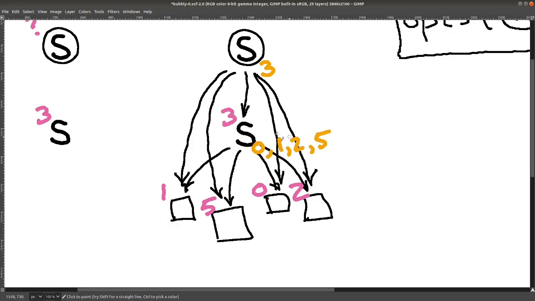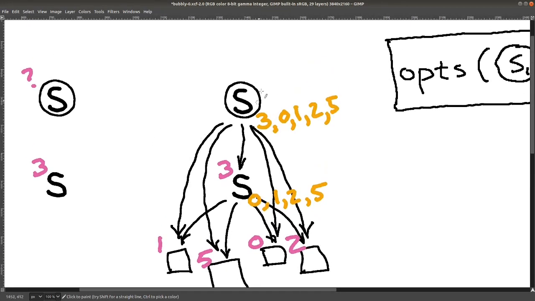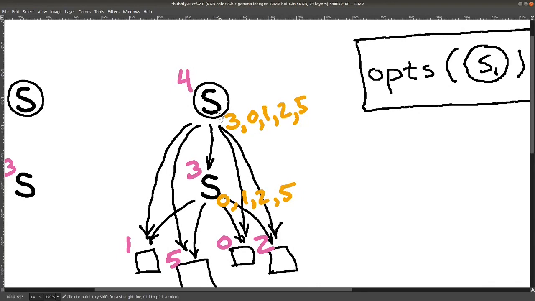So 0, 1, and 2 have to be in this if the nimber is 3. But that means that 0, 1, 2, and 5 are also going to be orange numbers here. And that is enough for us to get the nimber of this state, 4 in this case. If this had been 0, 1, 2, 4, then the orange numbers here would have been 0, 1, 2, 3, 4, and this would have been a 5.